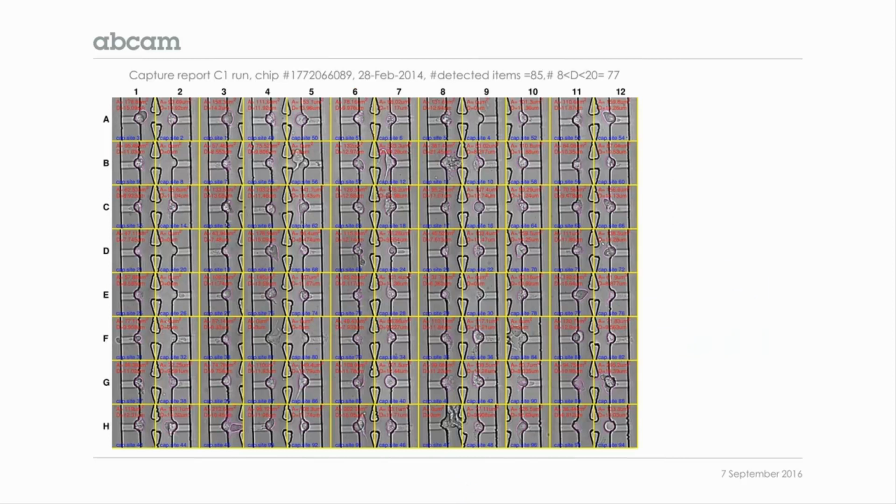The second nice advantage of this platform is that you can image every cell. After we capture the cells on this microfluidics chip, we can image each individual cell, and what you see here is the zoom in on the exact capture site, and we can produce this report. You can see the cells on this capture site, and if you look at the cells that I particularly highlight, you can see that different cells have different morphologies and different sizes, and we can quantify those cells.